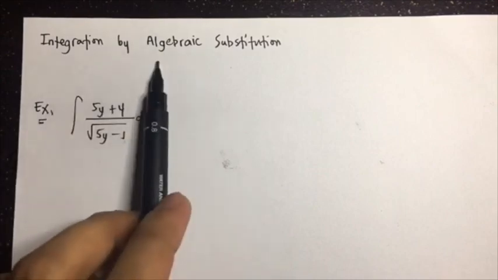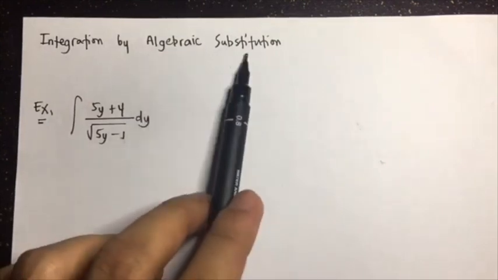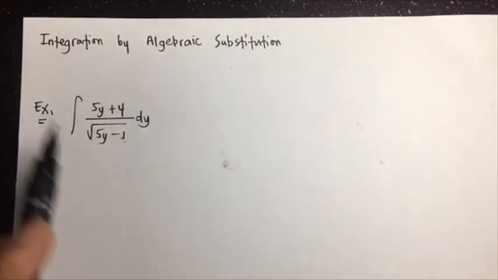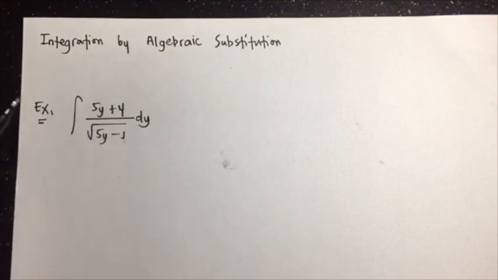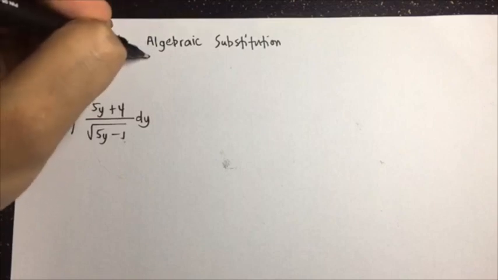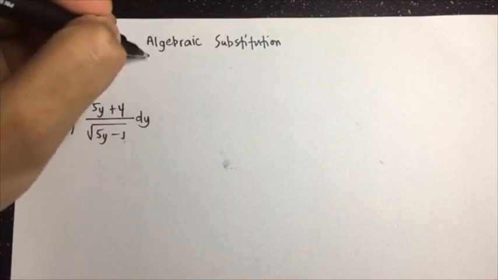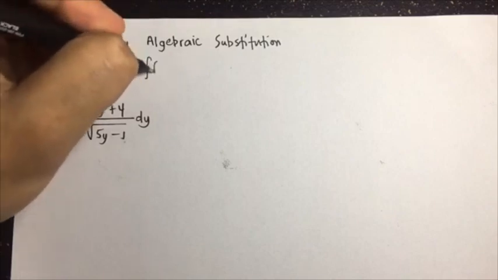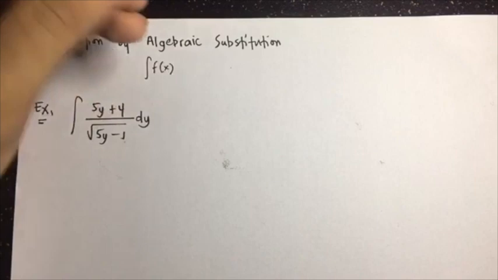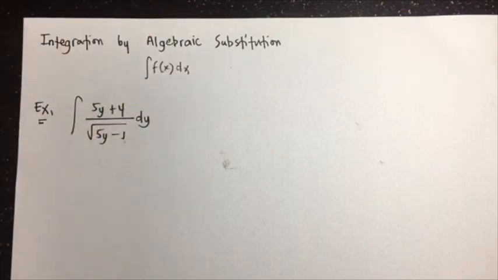Okay, so again, in algebraic substitution, we will introduce a new variable. Say for example, our integrand is a function of x. Say for example, we have the integral of f of x dx.